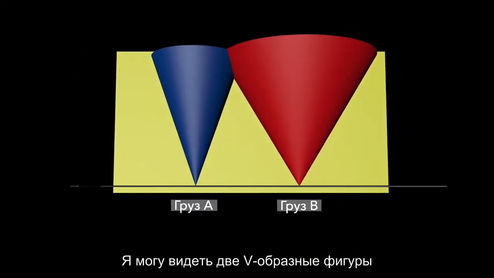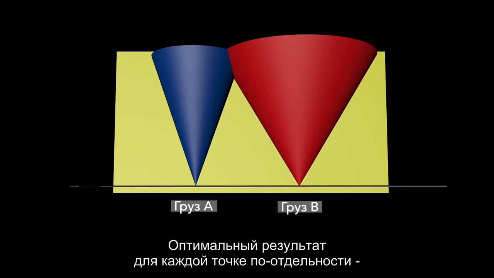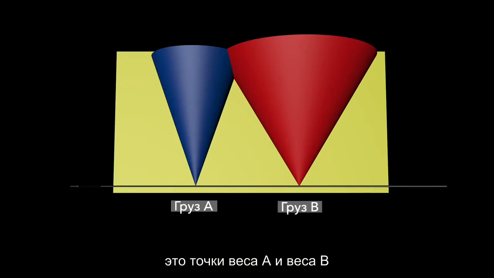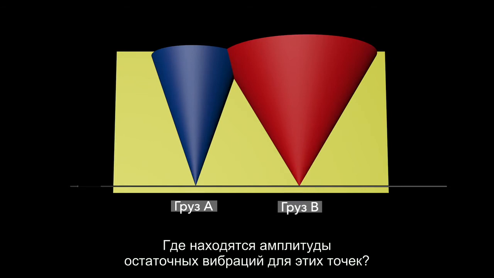I can see two V shapes. The optimum result for each point separately are the mass A and mass B points. Where are the residual amplitudes for that points?